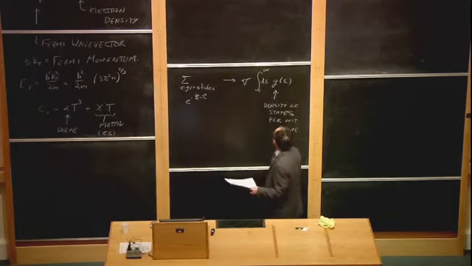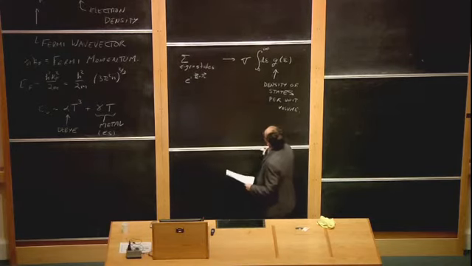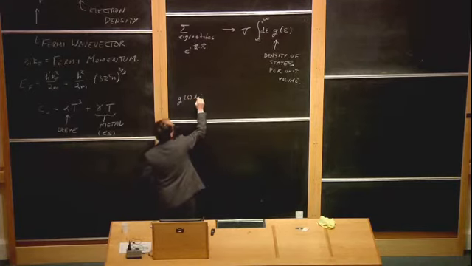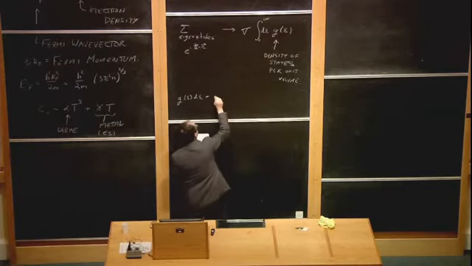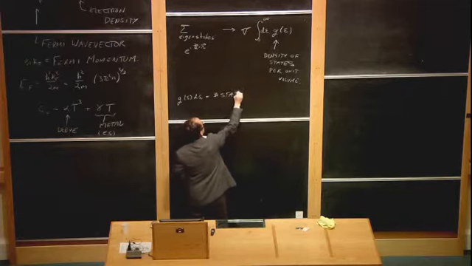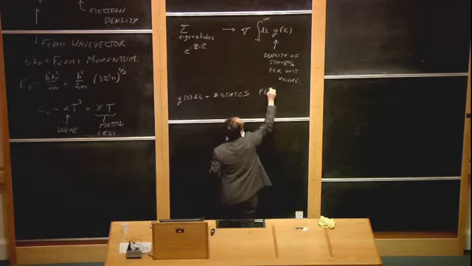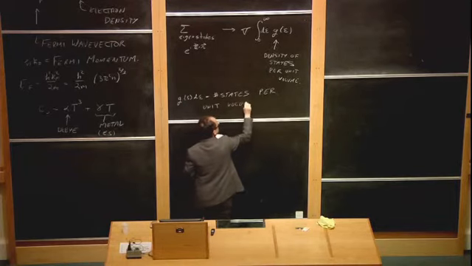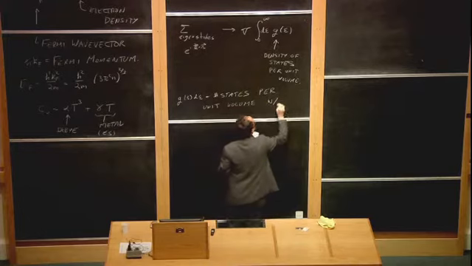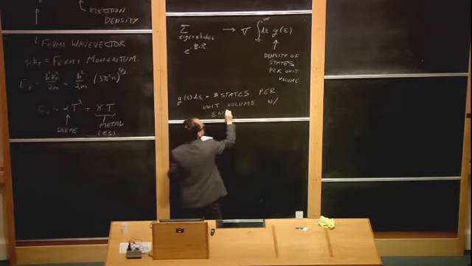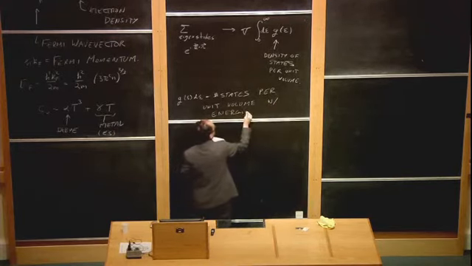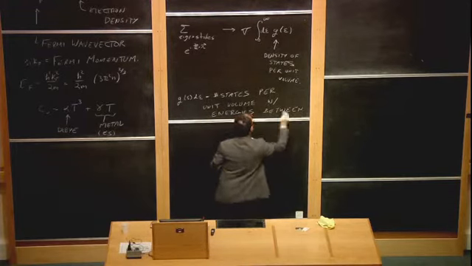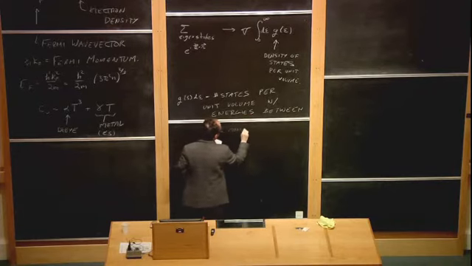At any rate, the definition of this density of states is that g of epsilon d epsilon is the number of states per unit volume with energies between epsilon and epsilon plus d epsilon.